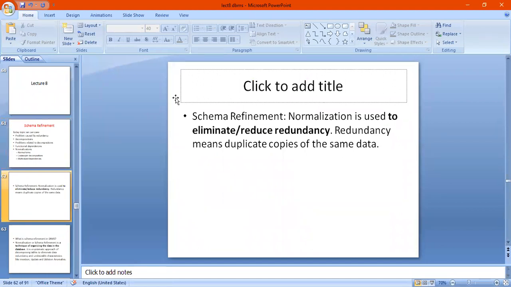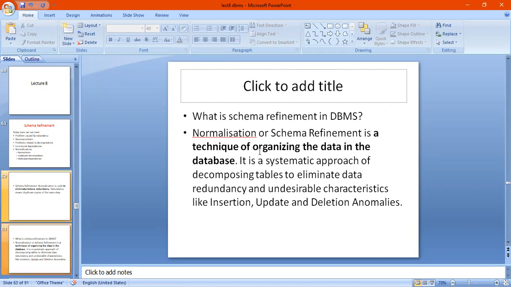Okay, what is schema refinement? Normalization is used to reduce redundancy. Redundancy means duplicate copies of the same data. Normalization or schema refinement is a technique of organizing the data in the database.